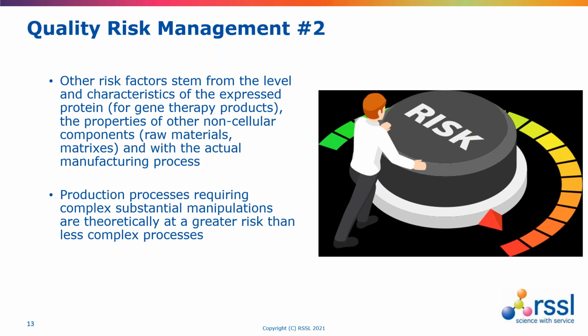And where the sterility assurance aspect starts to emerge is with production processes that require particularly complex and substantial manipulations, which are theoretically going to be at greater risk than less complex processes.